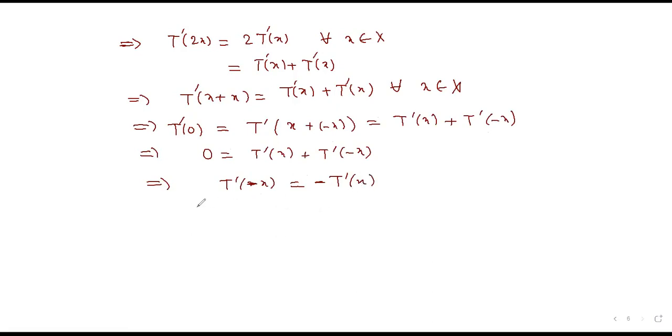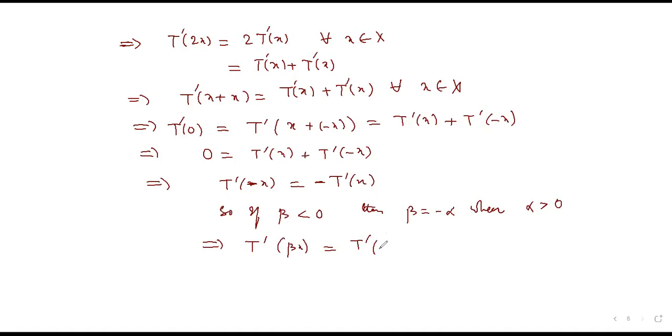Once we do that, the negative numbers will also come. So if beta is a negative real number, then I can write beta is equal to minus alpha, where alpha is a positive number. Which implies that T dash of beta x is equal to T dash of minus alpha x.